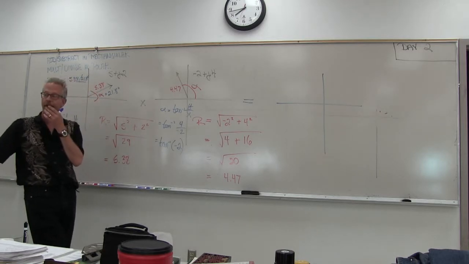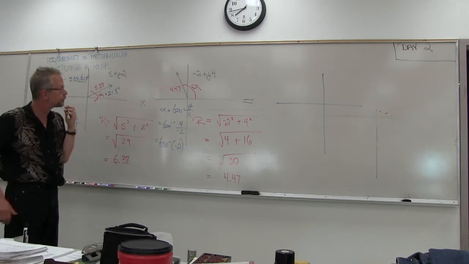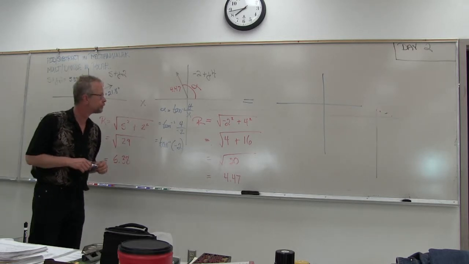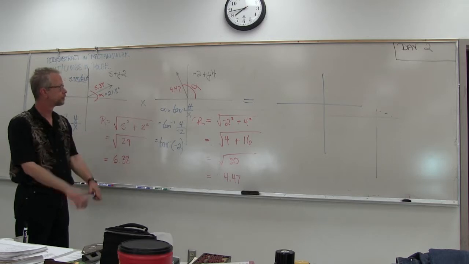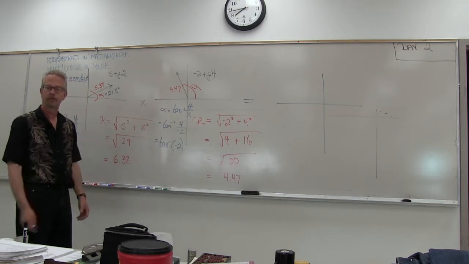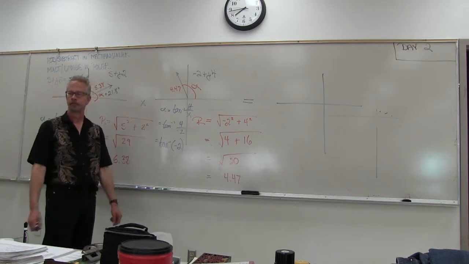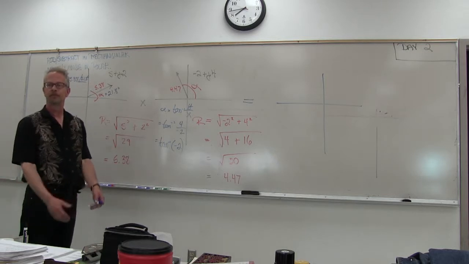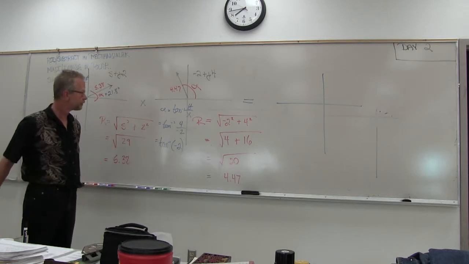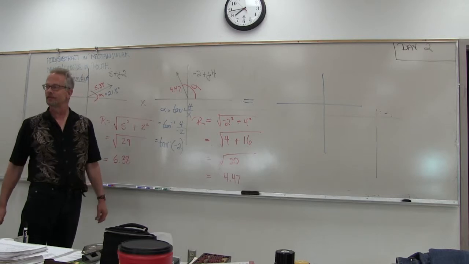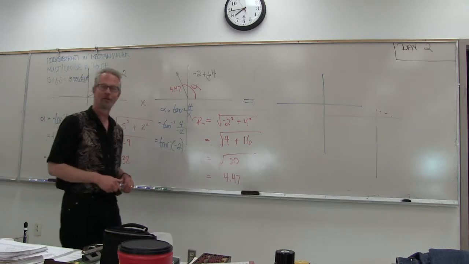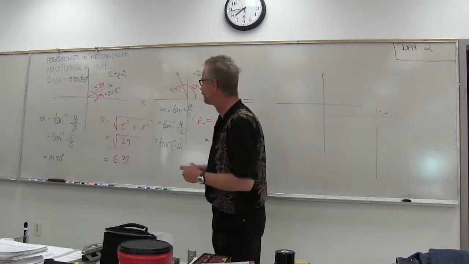Can we calculate that? It'll give you a negative 63.4. What did you get? Same thing. You got a negative 63.4, right?